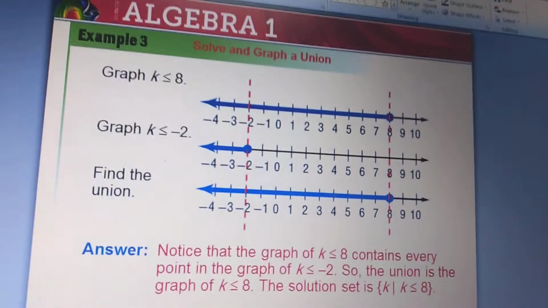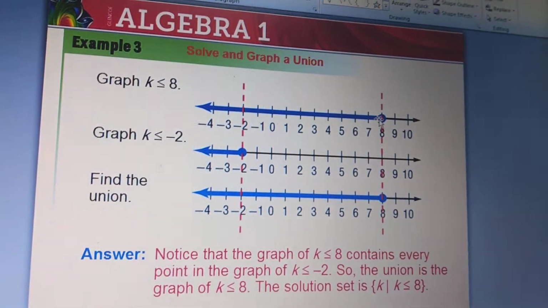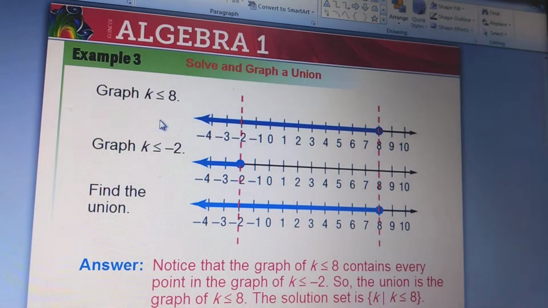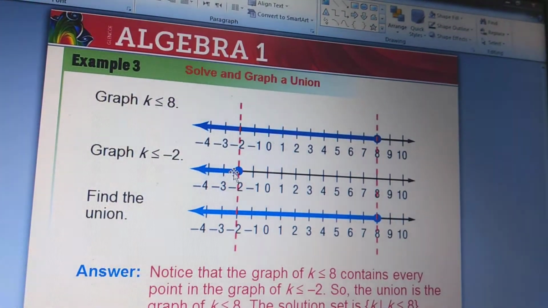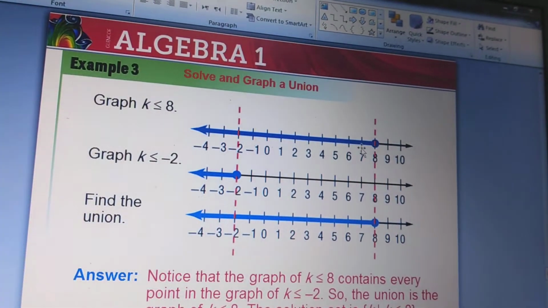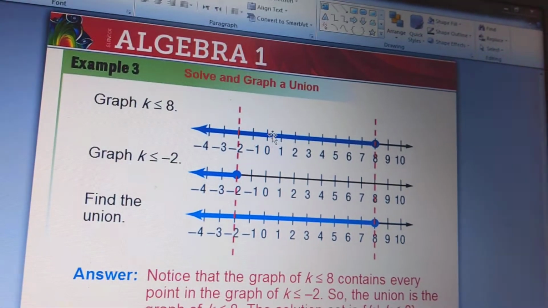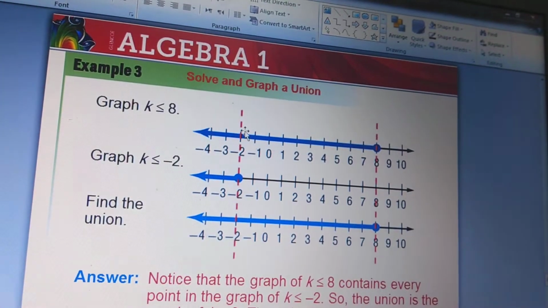Now I graph them. You see here k less or equal 8. From 8 we go to the left, and here k less or equal negative 2. From negative 2 we go to the left. Here the solution will be the union of the two rays.